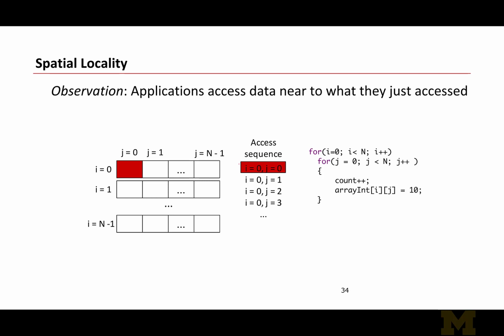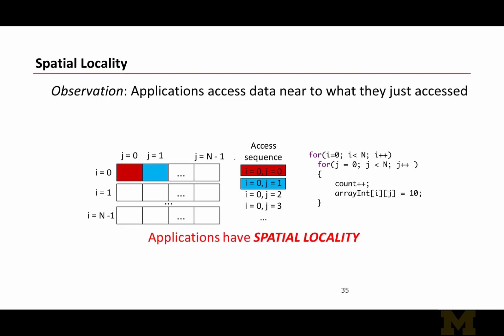So all these will be fetched into the cache at the same time after I finish accessing my first data element, i0 and j0, which means that when my program wants to access the next data element indicated by blue, I already have it in my cache because I brought it in as part of the first memory access.